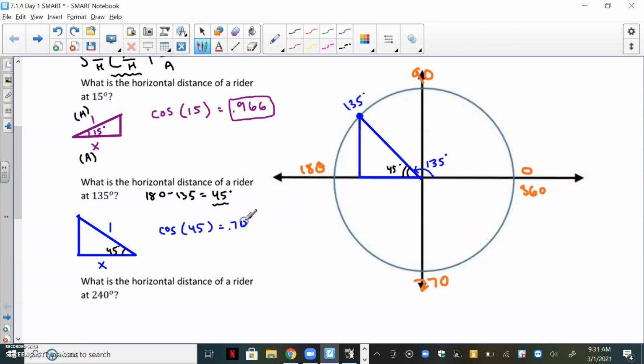So at this position on the ride, this distance right here from the center axis is 0.707. And again, we just use the base of the triangle because it's easier for us. But of course, that and this are the same because you could make a rectangle or a square here. All right, so this is the distance.